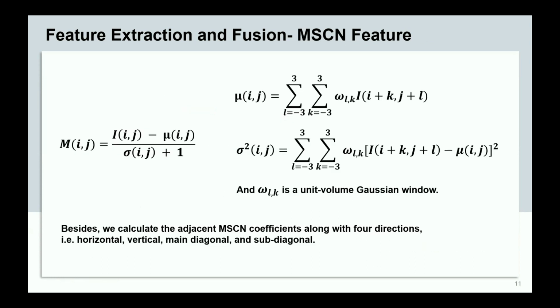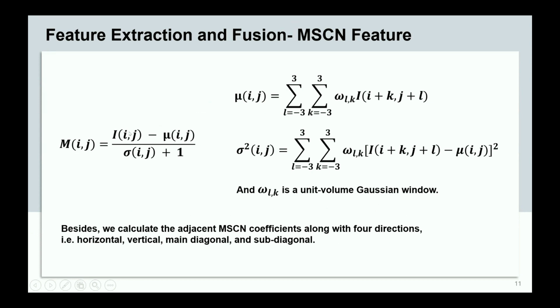Here comes the NSS feature. MSCN feature is very important and widely used, and the calculation is here, where mu means the mean value and theta means the standard deviation.